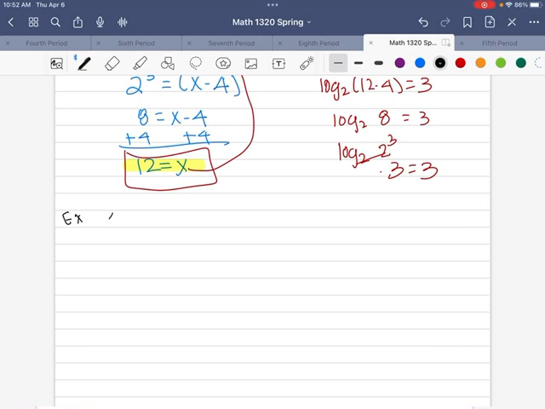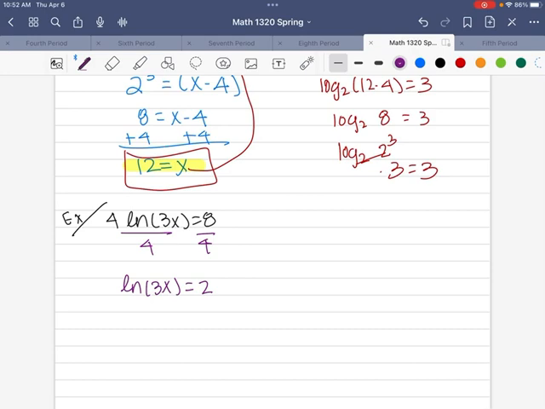We want to solve 4 times the natural log of 3x equals 8. So let's start by isolating the natural log. So we can divide by 4 to simplify it a little bit. And we're going to get the natural log of 3x is equal to 2. Okay.